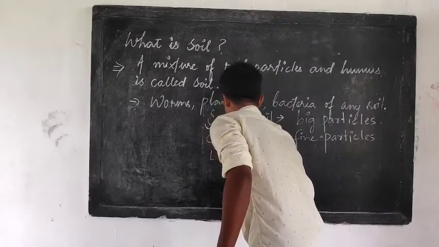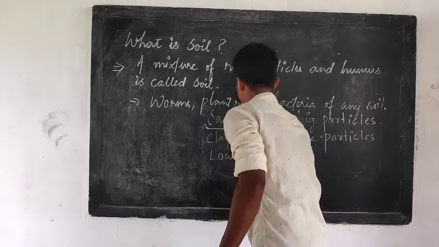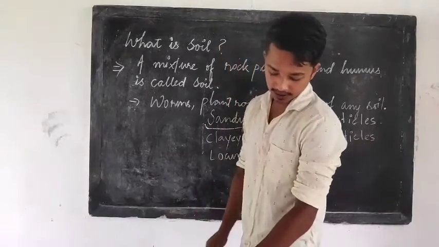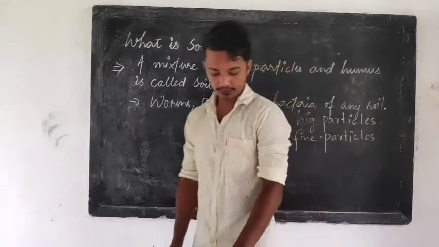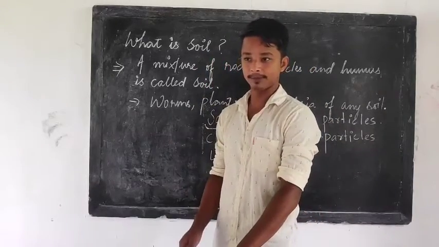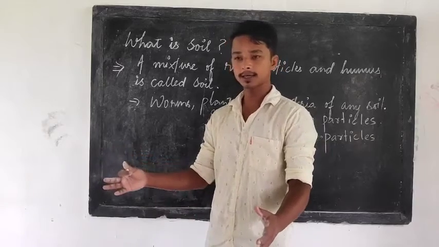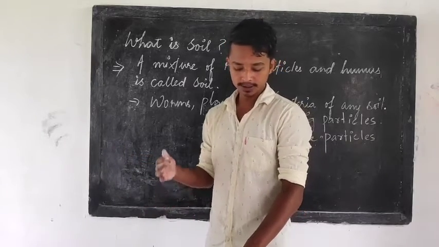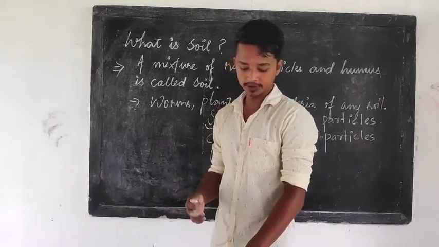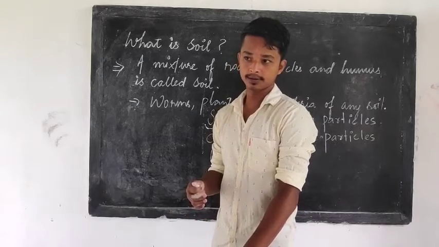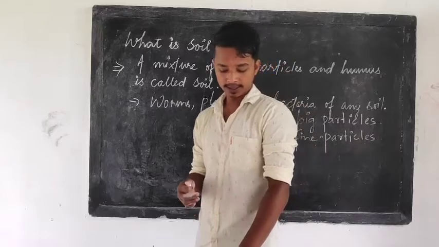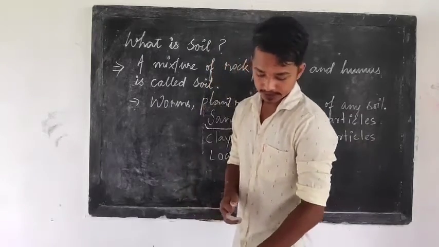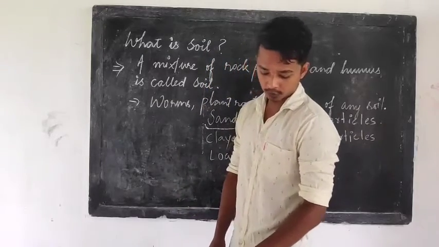If the amount of large and fine particles is about the same, then the soil is called loamy. What is called loamy? If the amount of large and fine particles of the soil are same, then it is called loamy.